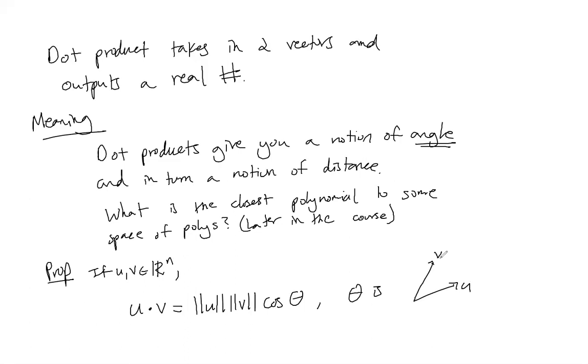For vectors in R2 or R3, theta is a concrete thing you can visualize. But for arbitrary Rn, where n is greater than 3, this is a definition of what the angle between two vectors is.